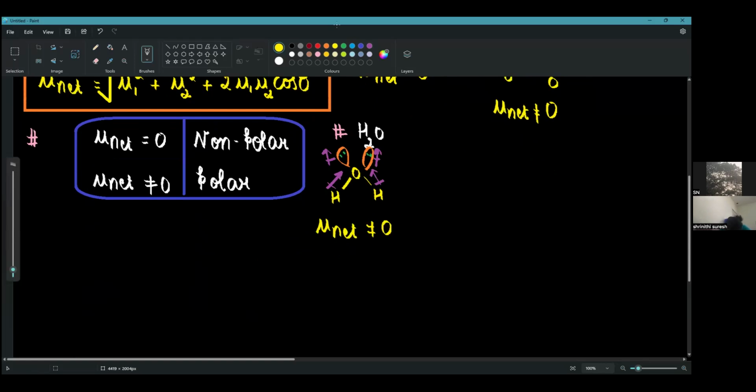So you tell me whether the molecule is polar or non-polar. The molecule is polar. Fantastic. It will be polar because it will have some dipole moment.